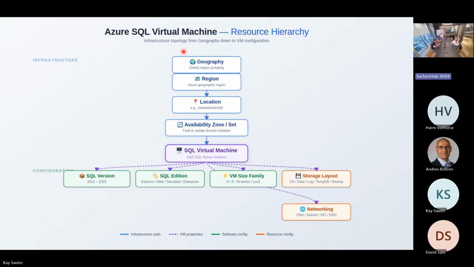So it's actually something like this. We have a geography, we have the region, we have locations like Switzerland North or Switzerland West, or Frankfurt, which is I think Germany West Central, something like this. And then we have every zone set, also the set of the objects that are actually attached to it.